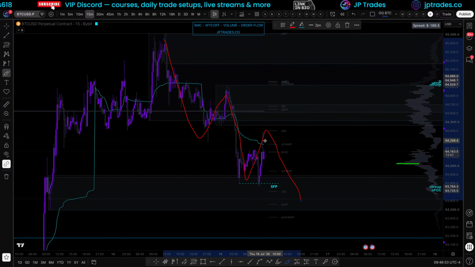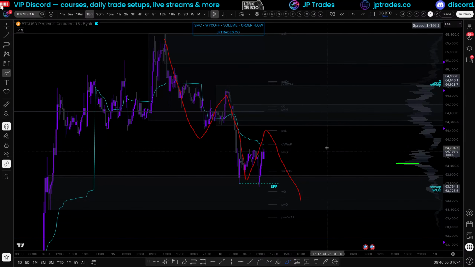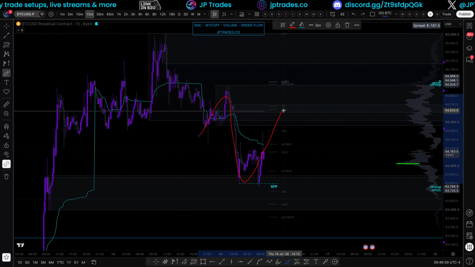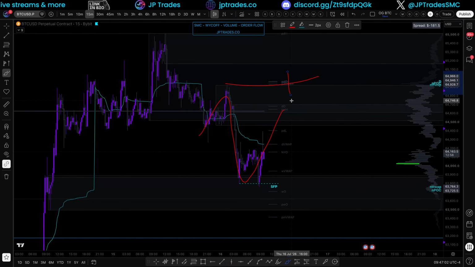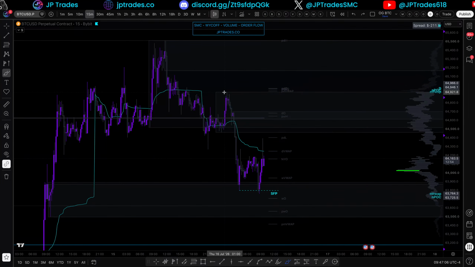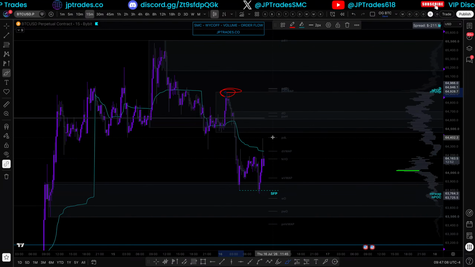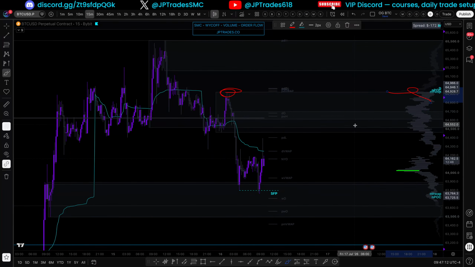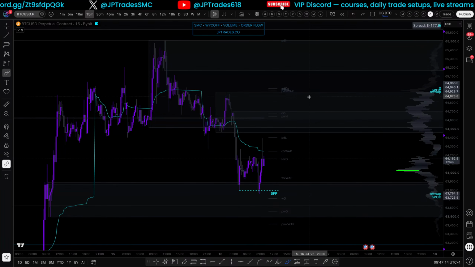Maybe we come down and the rejection is at VWAP. Or maybe we do come up there, but structure can always SFP this high and continue on down as well. That's why I really don't want to see it start closing candles above this high here. So this is kind of my line in the sand.